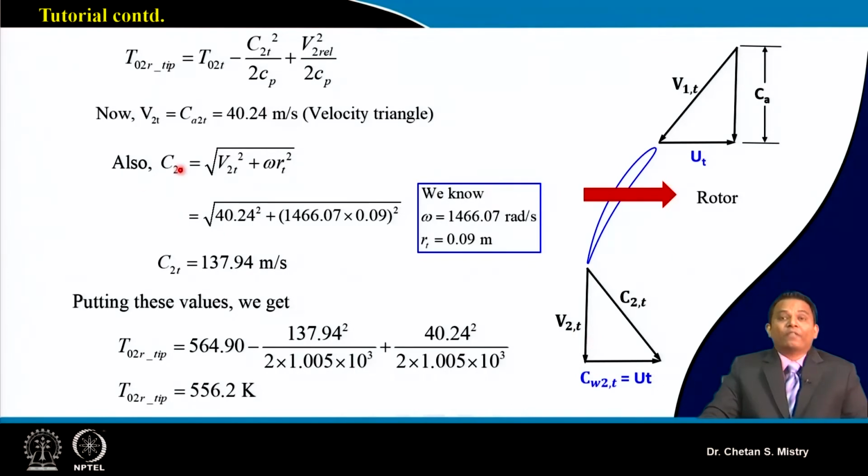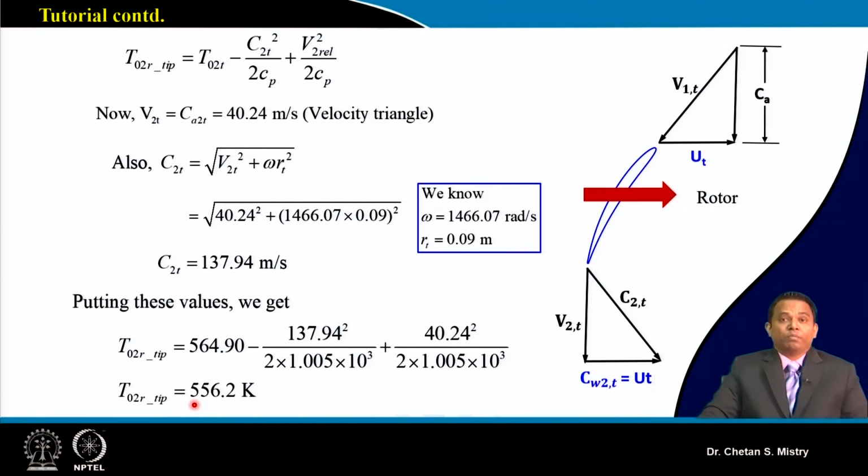So we can write down our C2 at the tip as the square root of V2 square plus omega RT square. Remember, this is my radius at the tip. Putting that here gives me C2 as 137.94 meter per second. Now putting these numbers gives me my total relative temperature at the tip as 556.2 Kelvin.